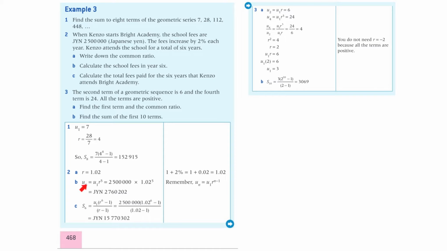Well, if it's year 6, n is 6, so that would be 6 minus 1 is 5. And we get 2,760,202 yen, or 276 man 202 yen.